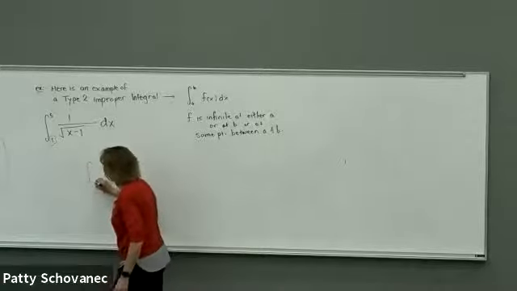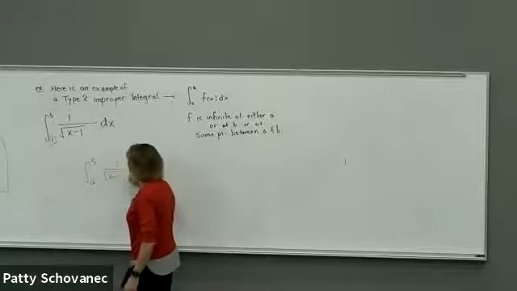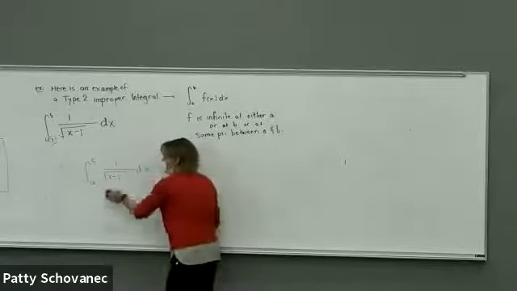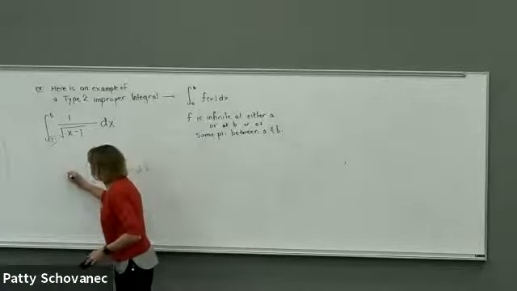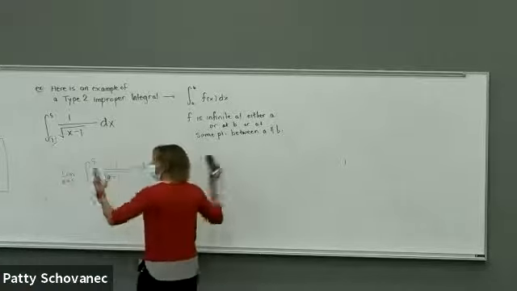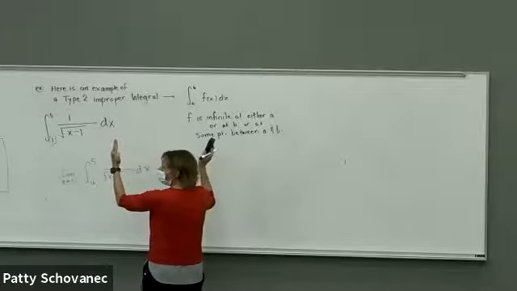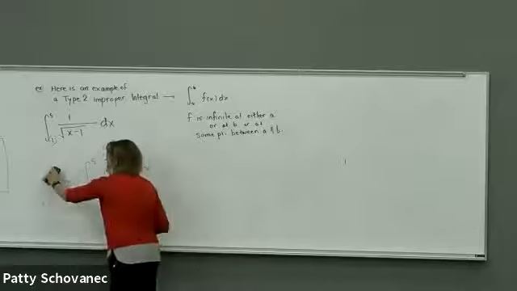I'll use an A. Compute the antiderivative as a function of A, and then we take the limit as A, in this case, goes to 1. And it's coming to 1 from the interval from 1 to 5, so it's coming to 1 from the right. So we're computing a one-sided limit here.